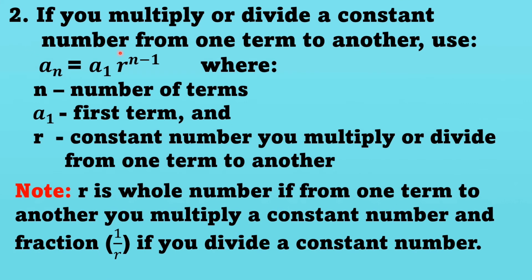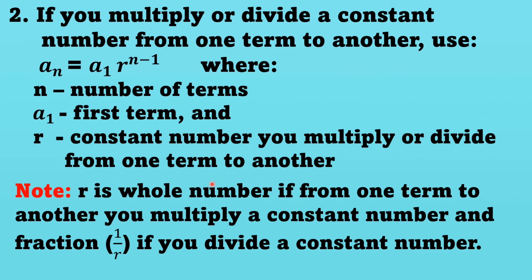Number 2, if you multiply or divide a constant number from one term to another, use a sub n equals a sub 1 times r raised to n minus 1, where n is the number of terms, a sub 1 is still the first term, and r is the constant number you multiply or divide from one term to another.